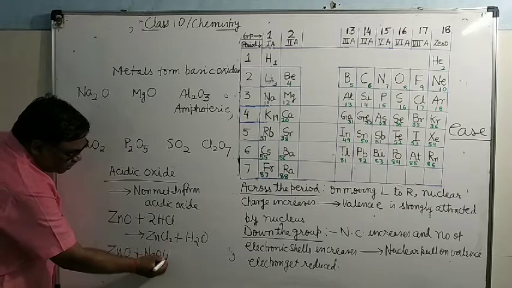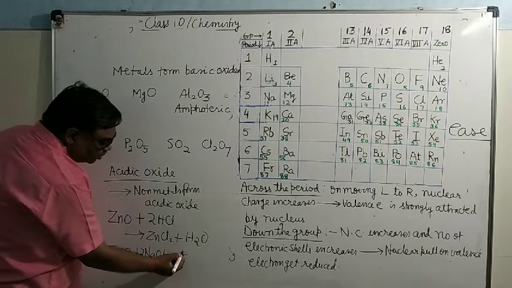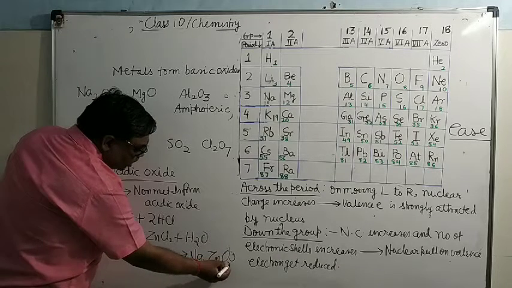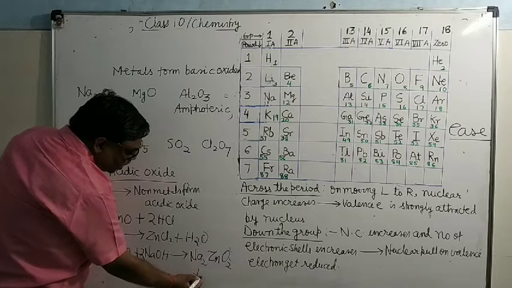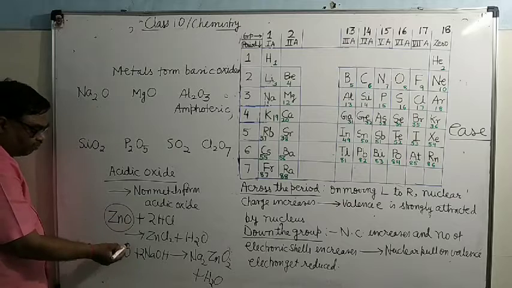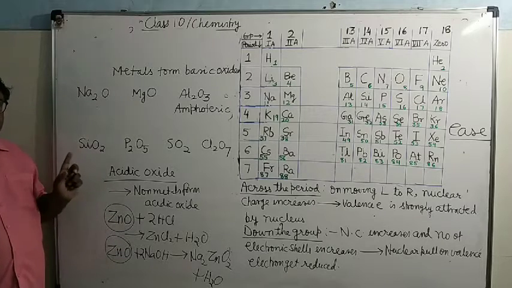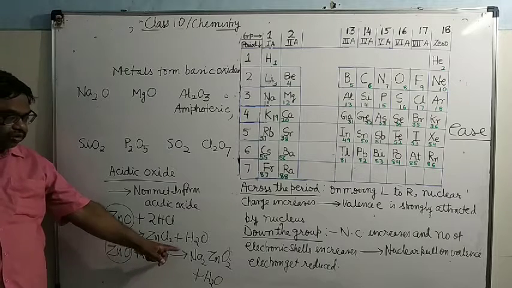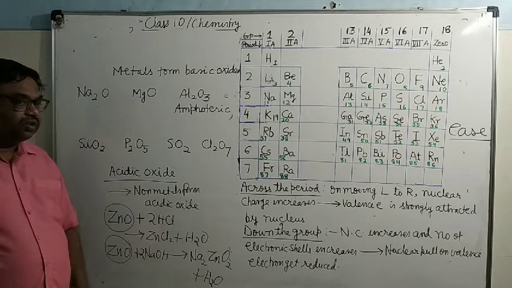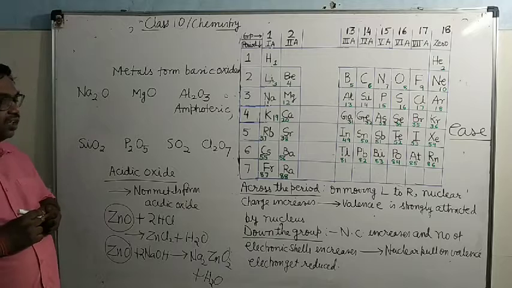NaOH is the base, HCl is the acid. When it reacts with NaOH, we get Na2ZnO2, which is salt, plus water. So ZnO, which is a basic oxide, can react with acid as well as with the base and produces salt and water. Na2ZnO2 is a salt and ZnCl2 is a salt. Is it clear? So here its nature is amphoteric.